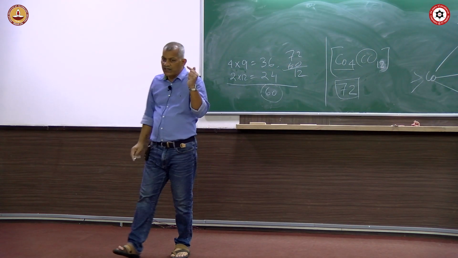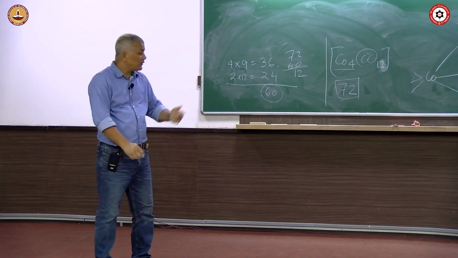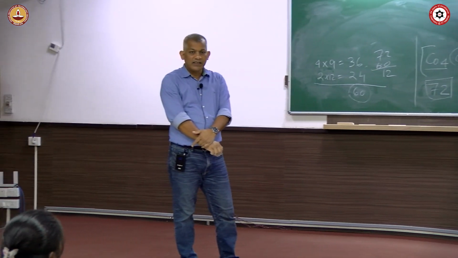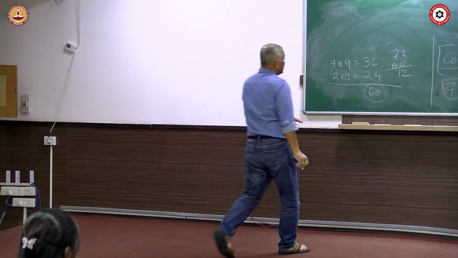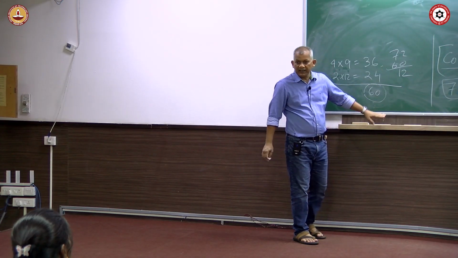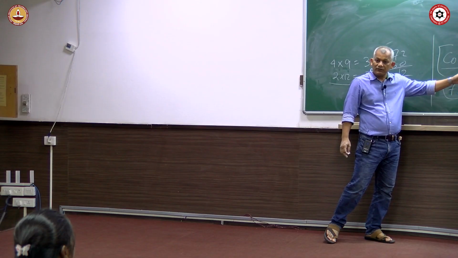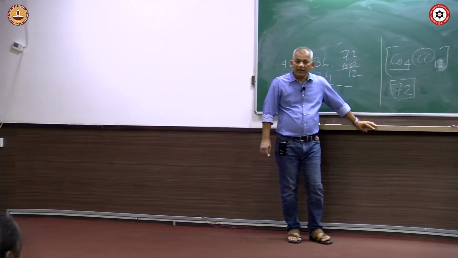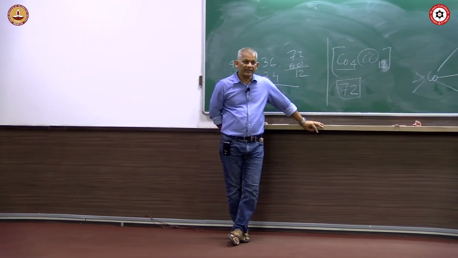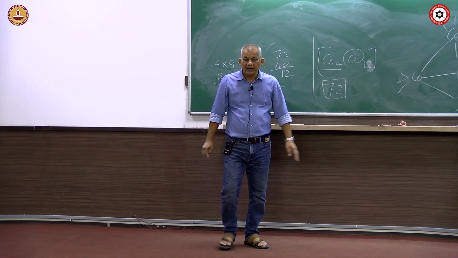Each bond gives 2 electrons. So now you calculate: this will give you the 60 electrons plus 12 from 6 metal-metal bonds, and you get a total of 72. So that means this follows the 18 electron rule, in which all the metals will have 18 electrons, right?